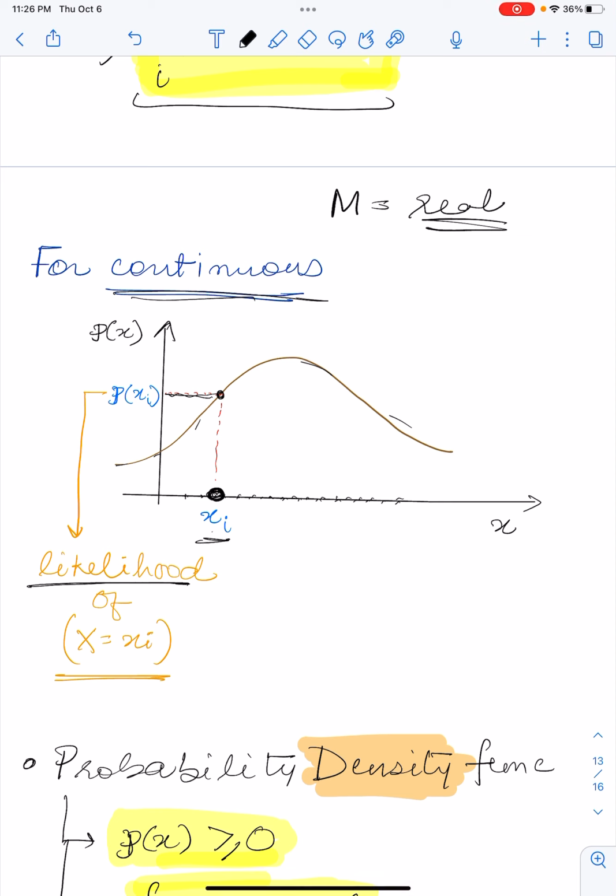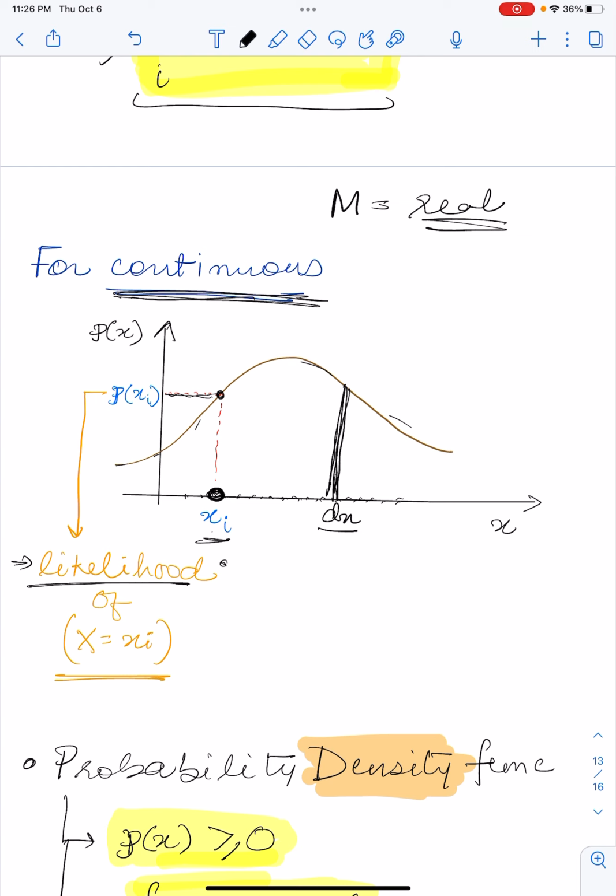And likelihood is a bit different terminology from probability. If we consider this continuous probability distribution, it is generally defined for a very small region. So we define probability for, let's say, this dx.